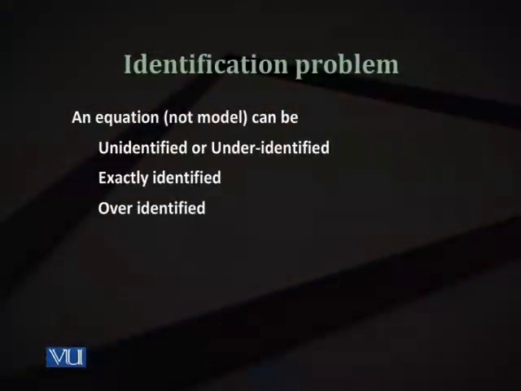But let's move to what is an exactly identified equation. Let me tell you what is an exactly identified, under-identified or over-identified equation. We just discussed that there may be a possibility to compute the values of alphas and betas, the structural parameters, with the help of the reduced form coefficients, the pi's. We haven't yet discussed how to get the reduced form equations.